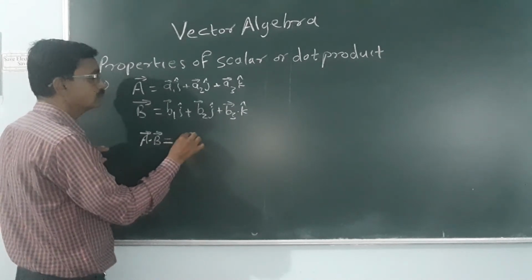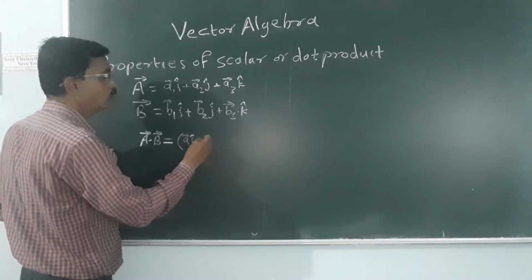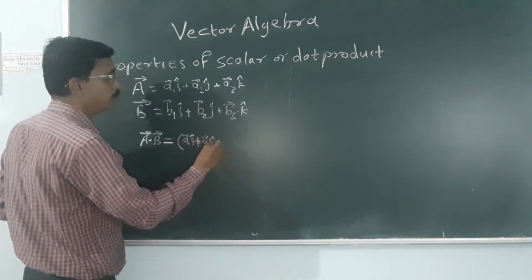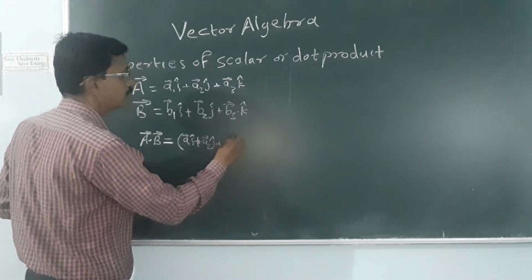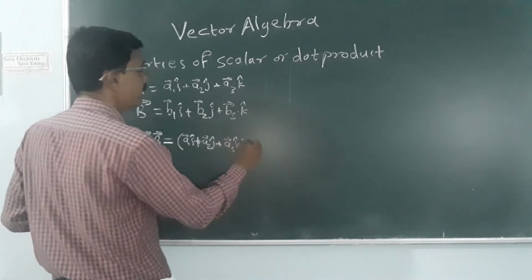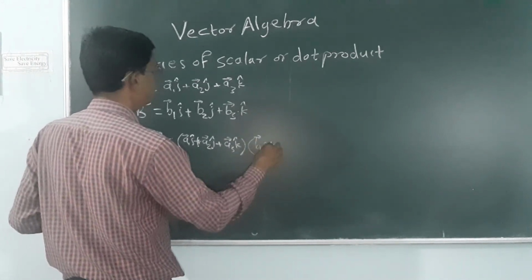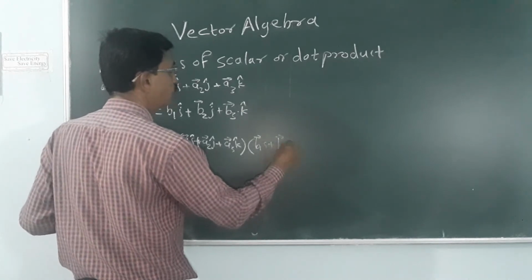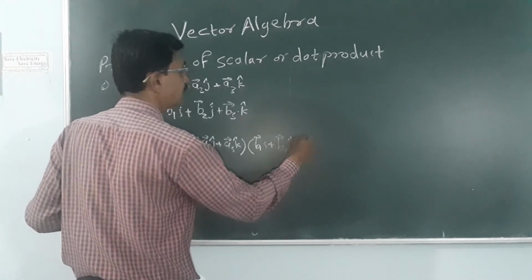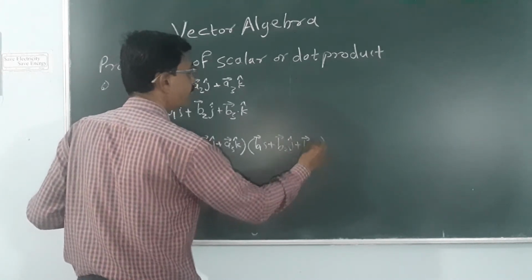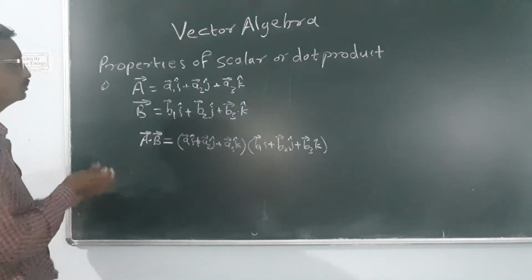the same terms: a1 i plus a2 j plus a3 k into b1 i plus b2 j plus b3 k. So in this case, what will happen here?